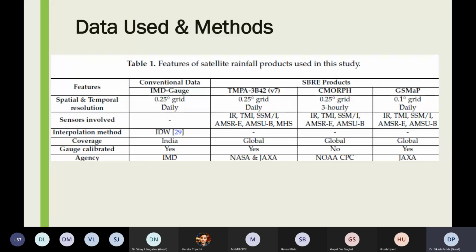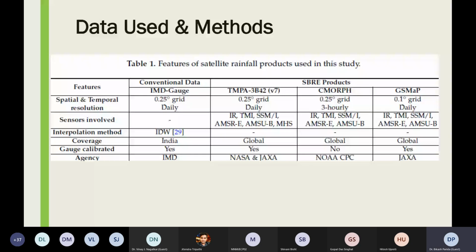Because of the nature and principle of passive microwave sensors, resolution is one of the problems. But a good aspect is that we can get hourly data. And these are the different sensors involved to get the data.